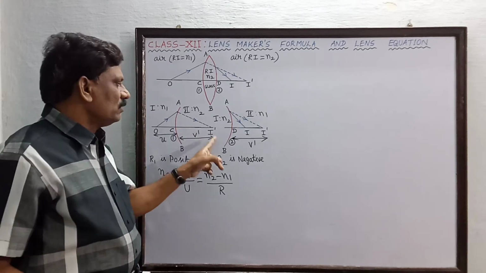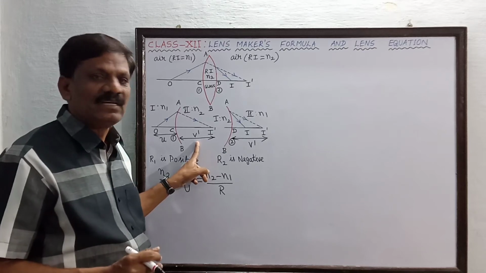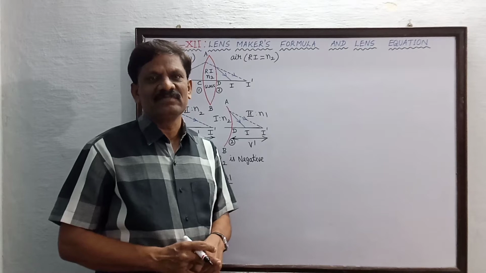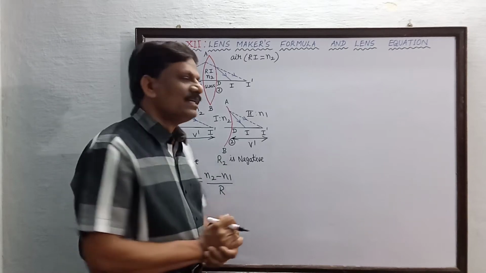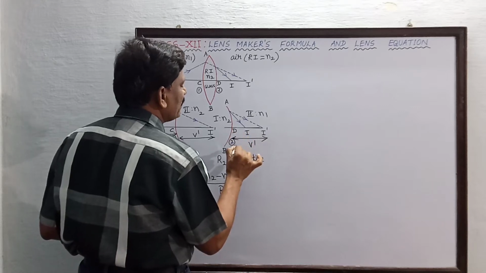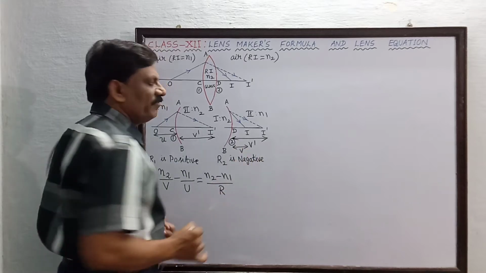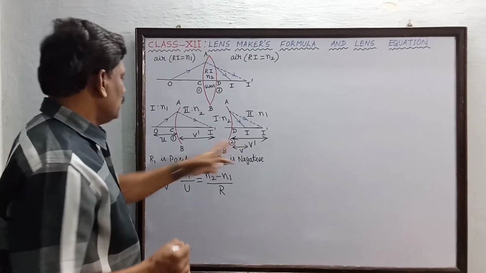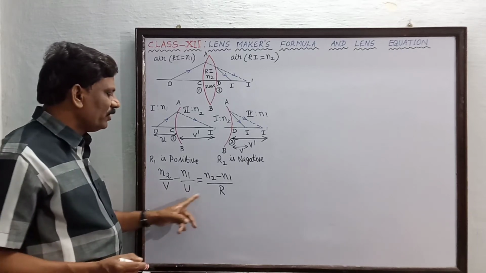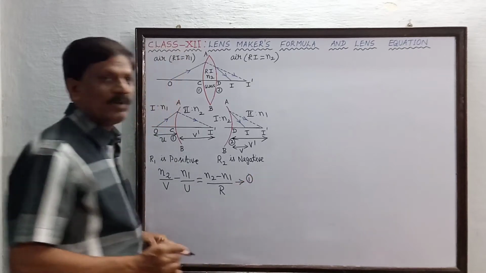So this distance is the image distance for the first refraction, but it is also equal to the object distance for the second refraction. Very simple to understand. So V dash is the object distance, and this distance is the final image distance V. So instead of writing small v and u, it is better you write capital V and U in the general equation. So this is the general equation number 1.